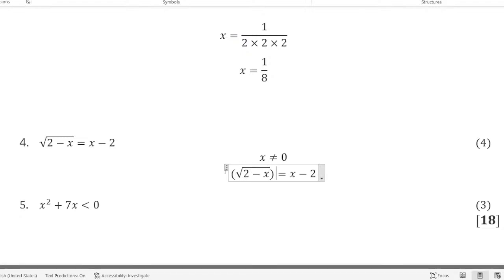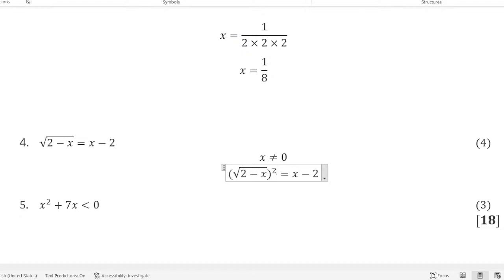Then now let's square it. Remember, whatever you do on the left hand side, you must do on the right hand side, so that you don't change the original equation. The equation remains the same.